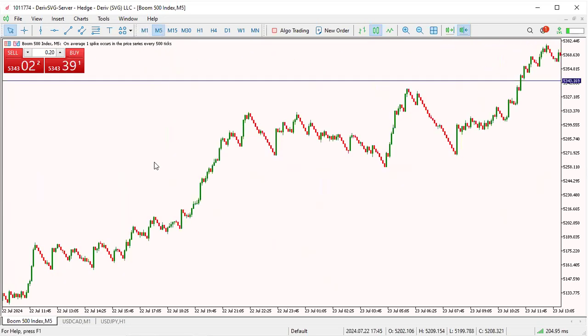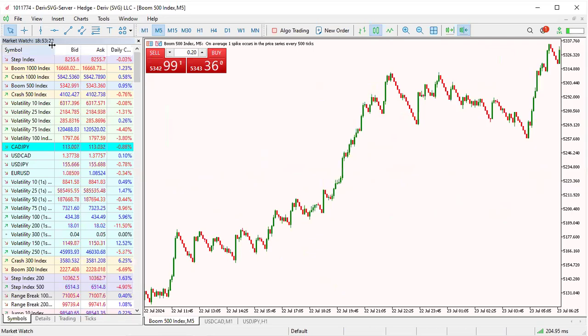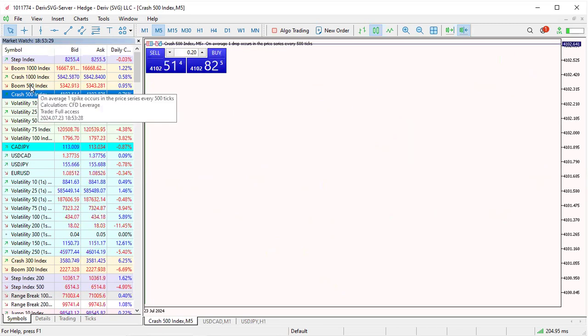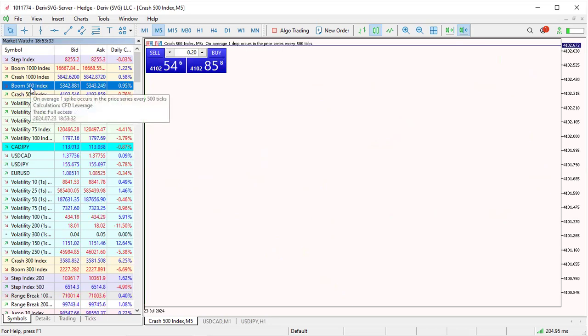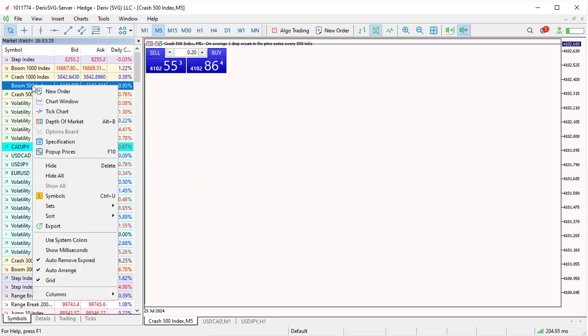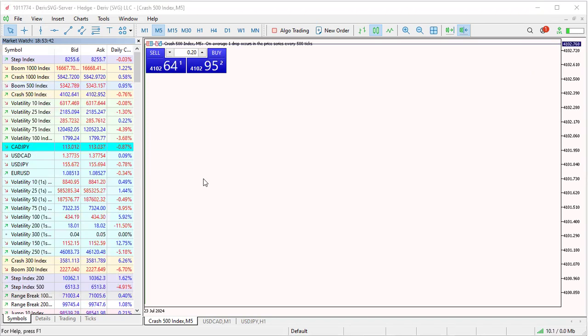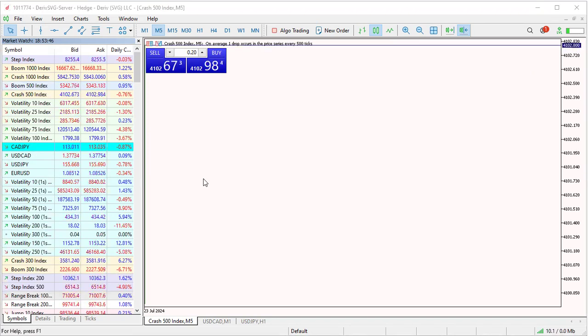Okay, then let's move to the same concept. Let's see if we can find something on crash. Before we go there, let's check what is the minimum lot size on boom 500. You right click. Where do you go after you right click? If you want to know what is the minimum lot size, what did we say? Go to specifications. Yes, you go to specifications, okay?